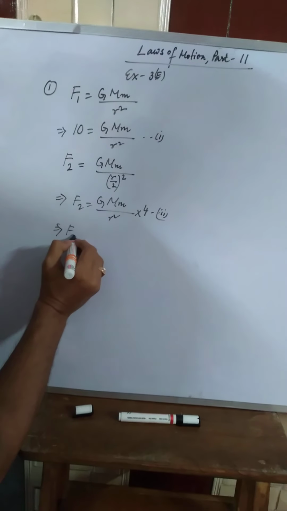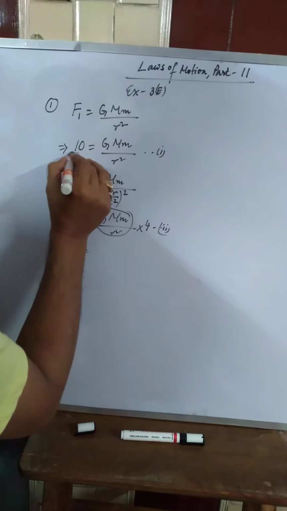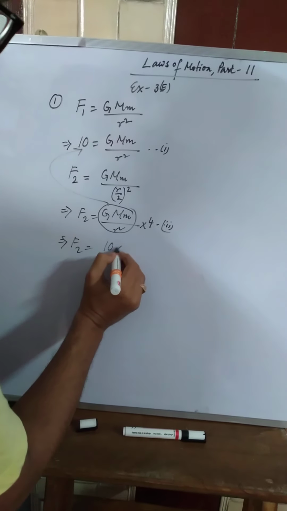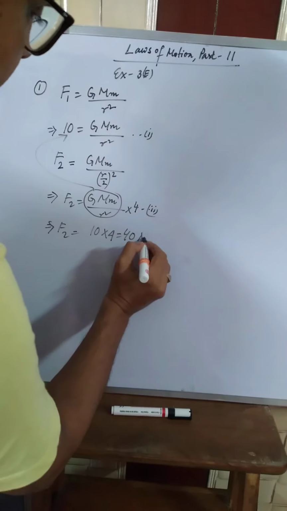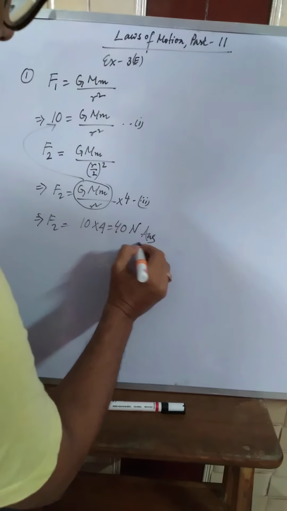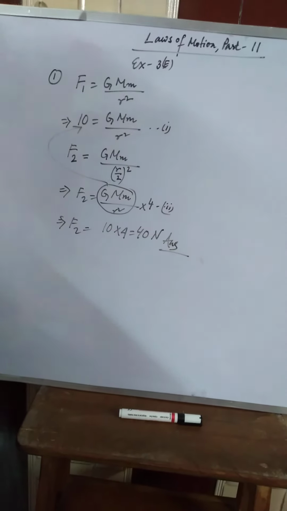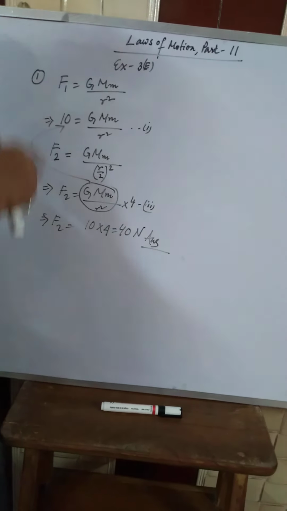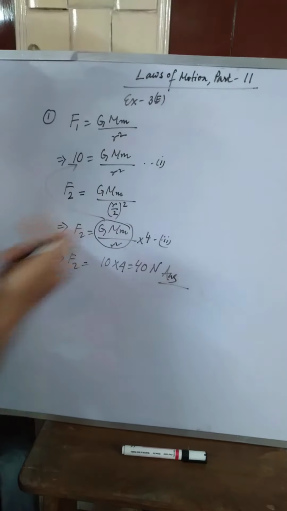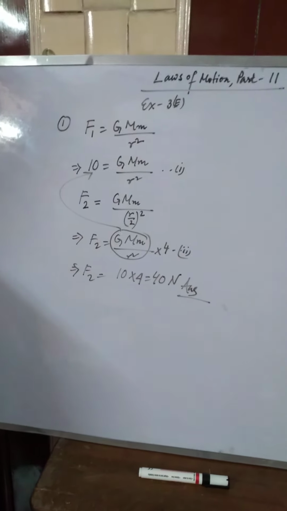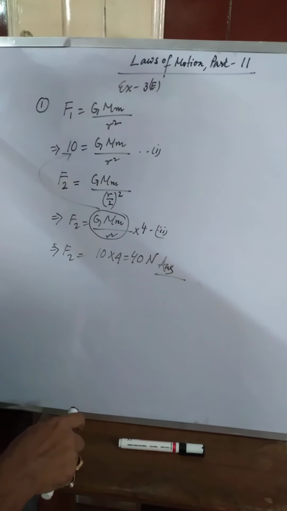Now F2 is equal to, from equation 1, the value of this is 10, so 10 into 4, 40 Newton. This is the answer to the first question. When you reduce the distance of separation, the masses of the two particles remain unchanged and acceleration due to gravity is a constant, so it becomes 40 Newton.